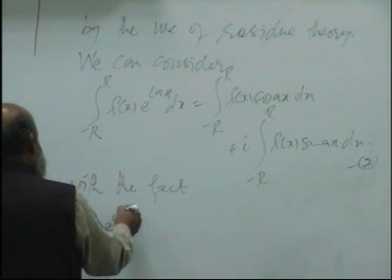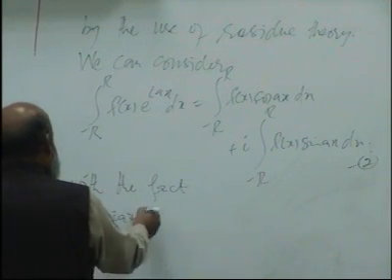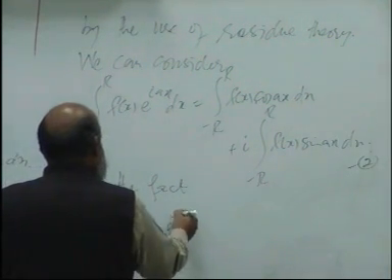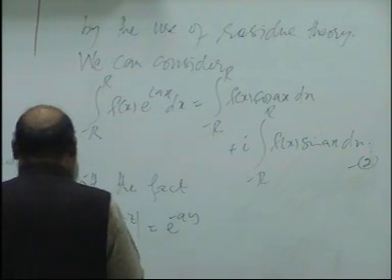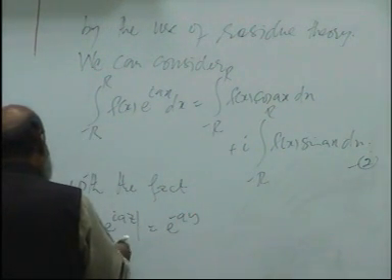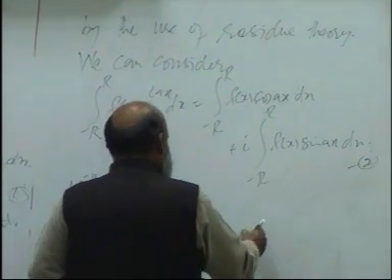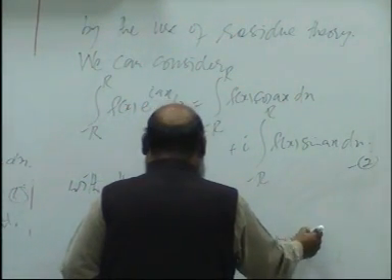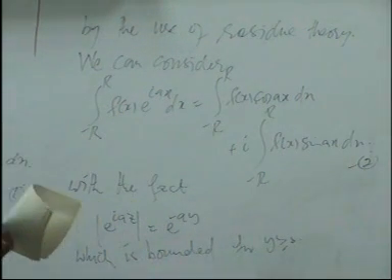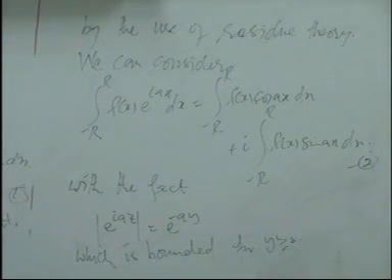So with the fact that the mod of exponential iota az is exponential minus ay, which is bounded for y greater than or equal to 0. What do we mean by this? In fact, we will follow the same 8 steps over here.